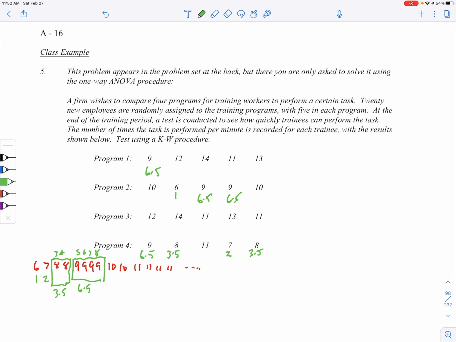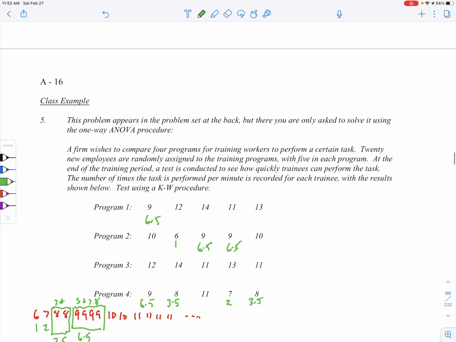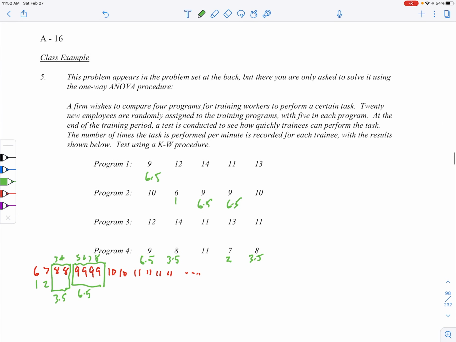Now we come to the 10s, and we're up to the 9th and 10th numbers. They're equal, and so we would give them 9.5s. So we've got 9.5, and where's the other 10? 9.5 here, like that. Now we've got 4 11s, and we're up to 11, 12, 13, and 14 as the ranks.